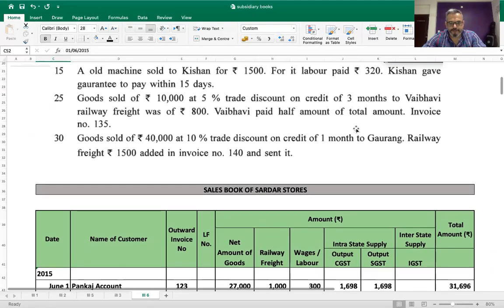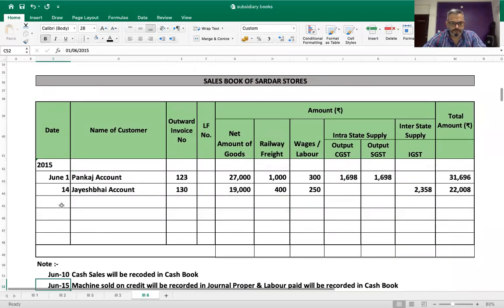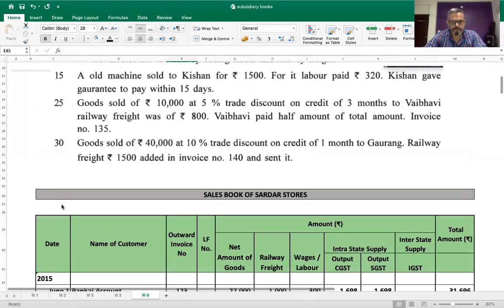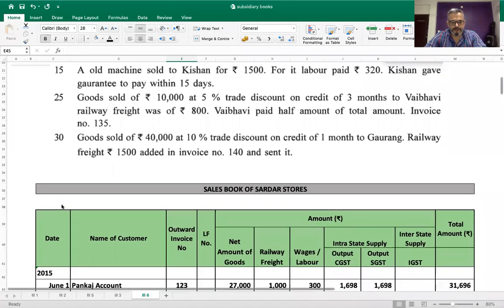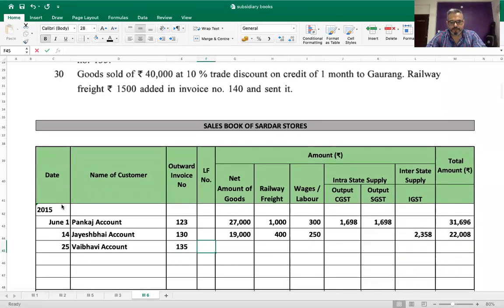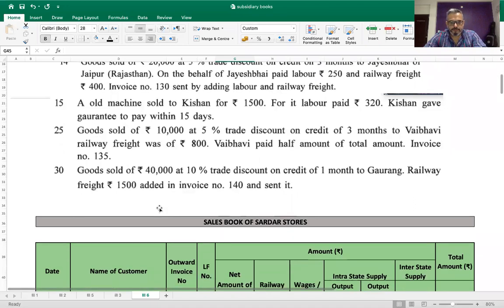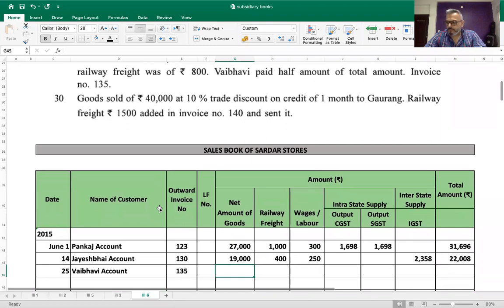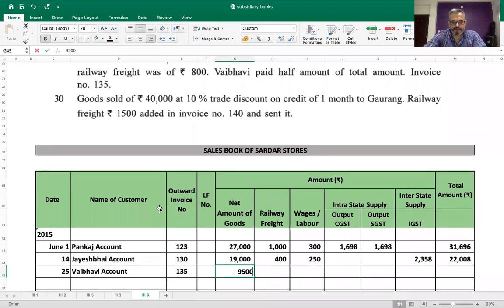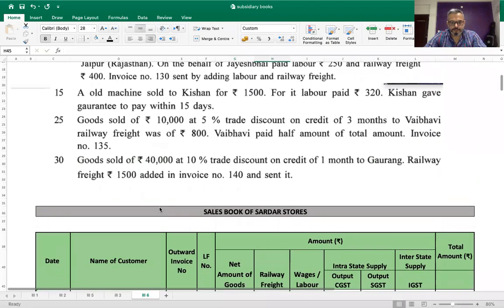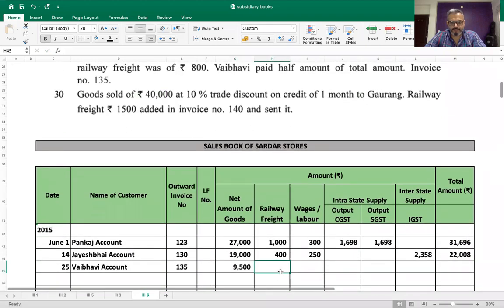So 25th Vaibhavi account. Bill number 135. 10,000. 5% trade discount. So 9,500. Railway freight 800.